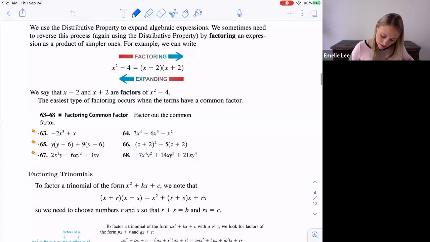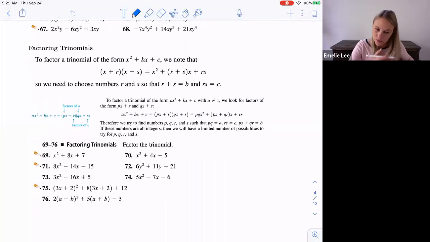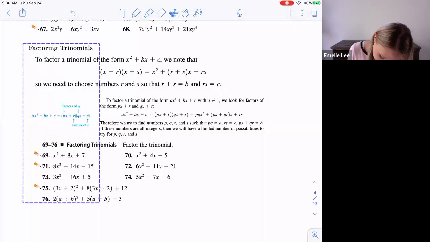The next part in your notes goes on to do the same thing with trinomials. That's more good to know, so we're not going to spend any time on it, but if you want to exercise the mind, then sure, go through it.